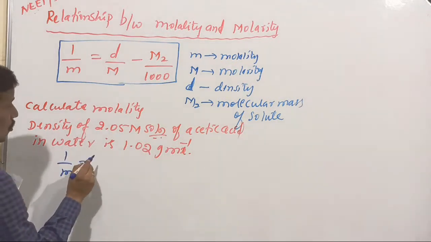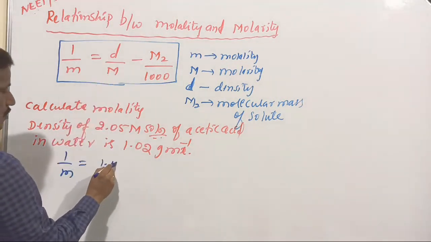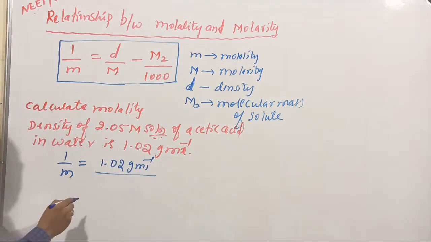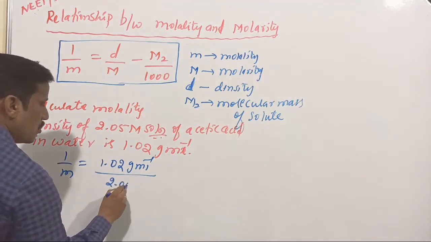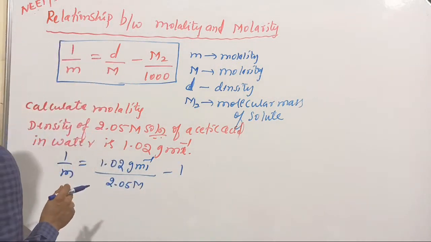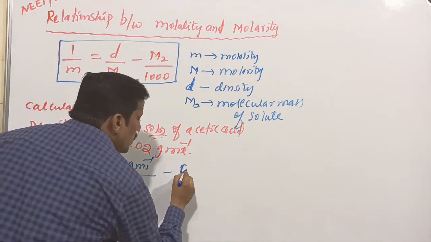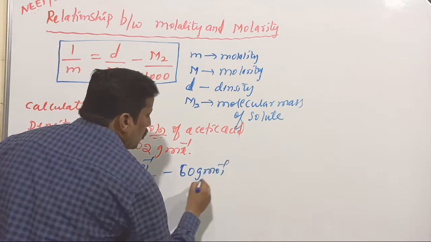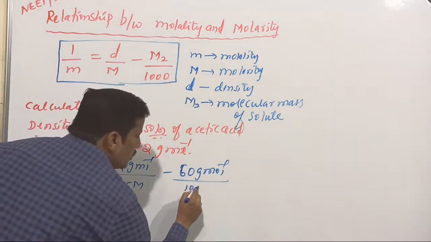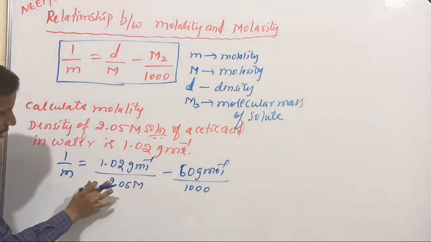1 by m is equal to the d value, 1.02 gram per ml, divided by the molarity, 2.05 molar, minus M2, the molecular mass of acetic acid, 60 gram per mole, divided by 1000. Here don't take LCM and solve this.